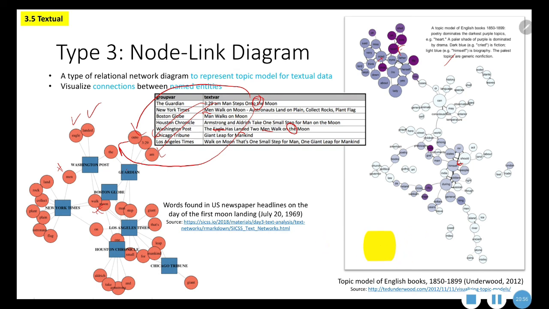Maybe I forgot to mention the word "cry": cry is fiction, like a story, a novel way of writing in the book. So this is another creative way that we can use a node link diagram to represent the genre of a book. I hope you can understand the different types of data visualization structures, and well done everyone.